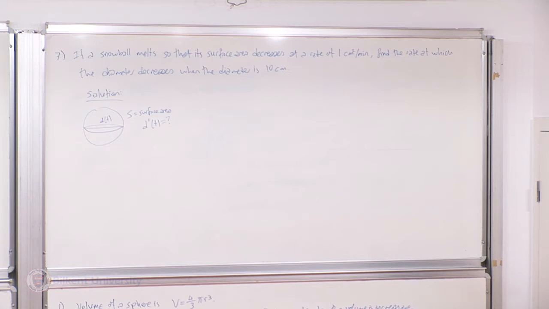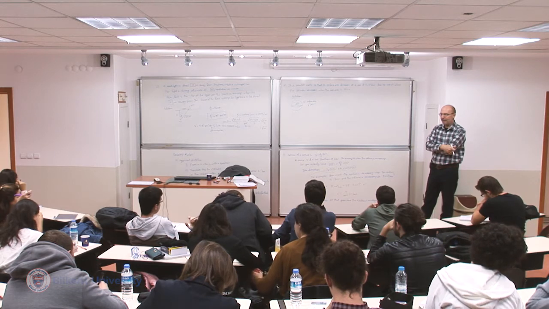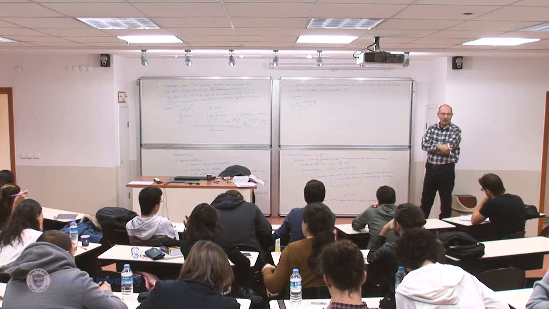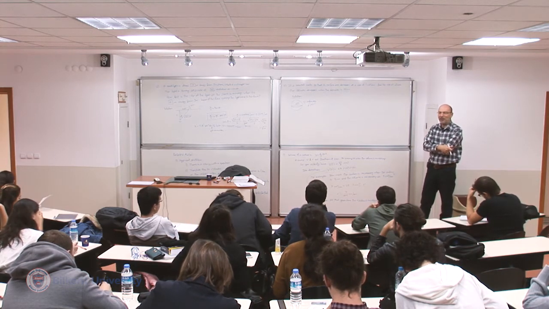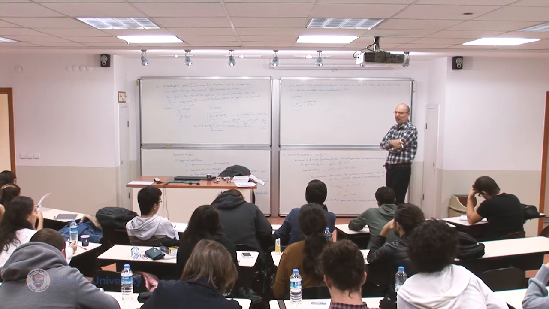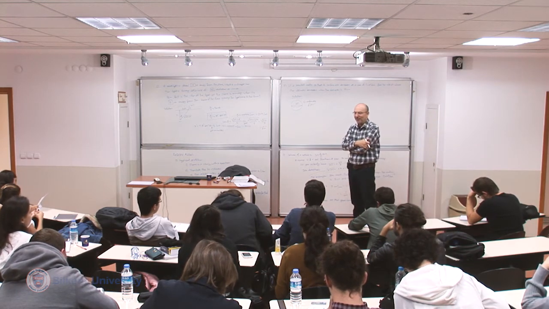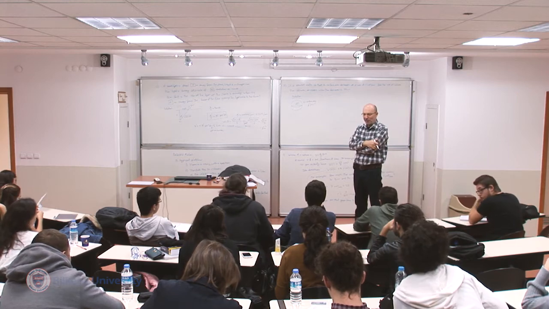So what is the first thing we do after the optional picture? We need a formula to take derivatives. This is calculus. We want to take derivative of something. So give us something. 4 pi r squared. What is 4 pi r squared?